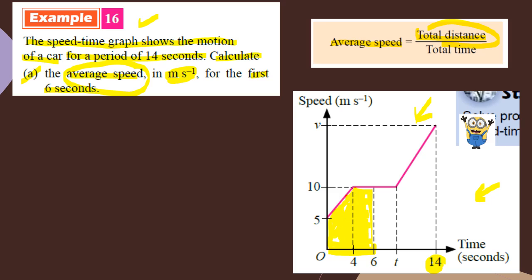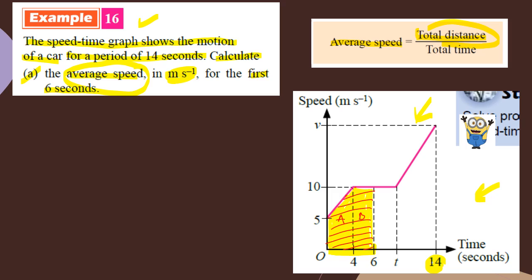What do you see here? You see this area. You see two shapes. Can I say this is A, and this one is B. A is a trapezium, B is a rectangle.